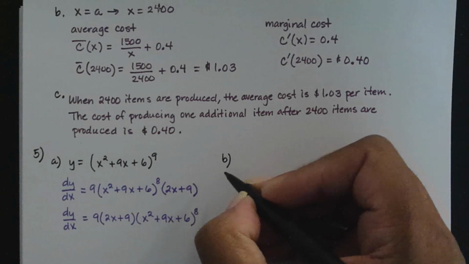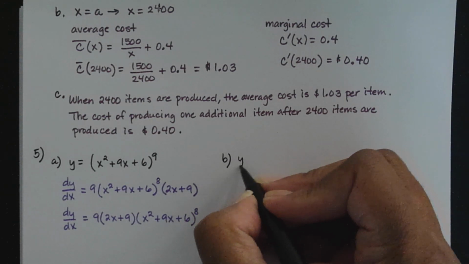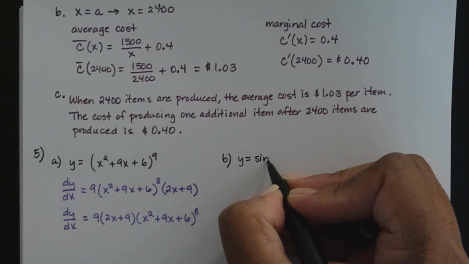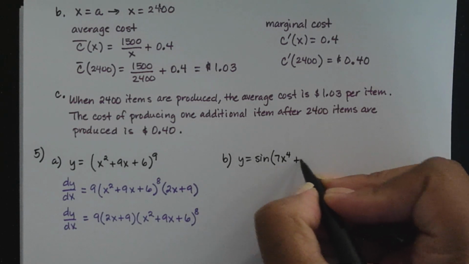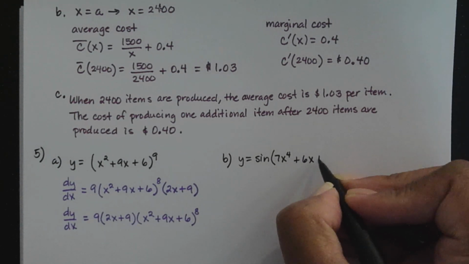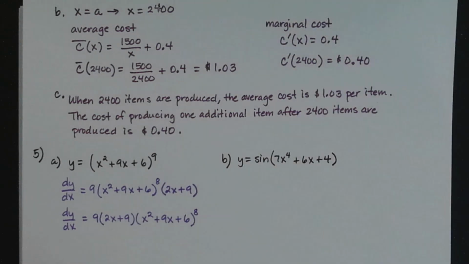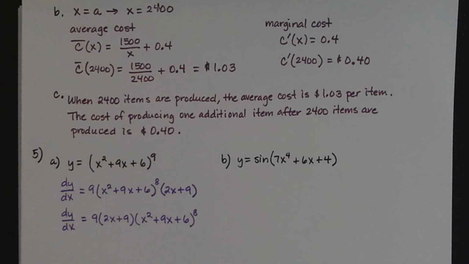All right, part B. Let's say we got y is equal to the sine of 7x to the 4th plus 6x plus 4. And here I want to find its derivative.